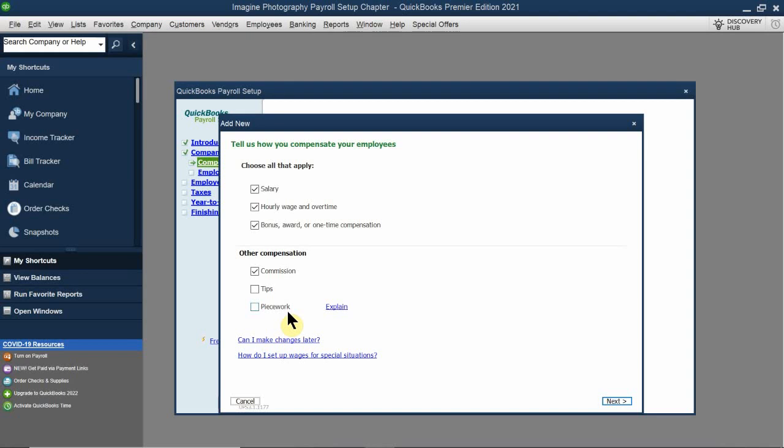Now, if you choose to select that tips count as part of their income, then they can fall under the exception where they do not need to be paid at the minimum wage. They could be paid lower than that. Why? Because tips make up part of their income.